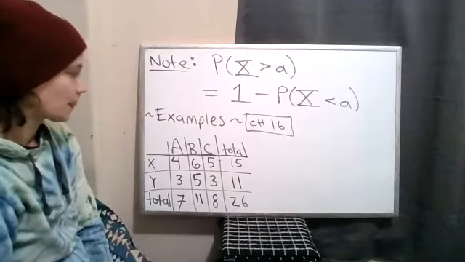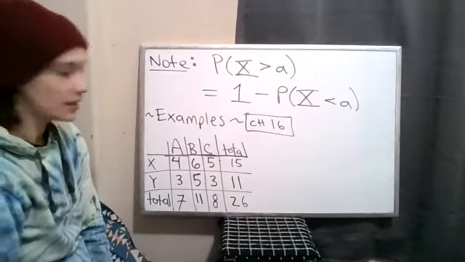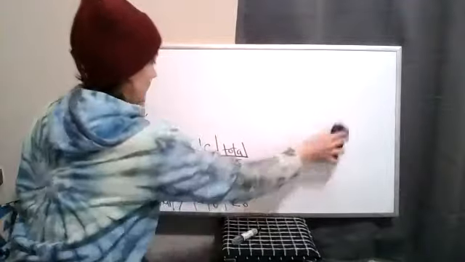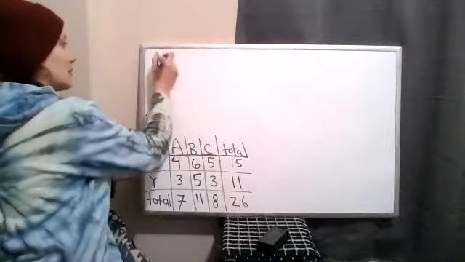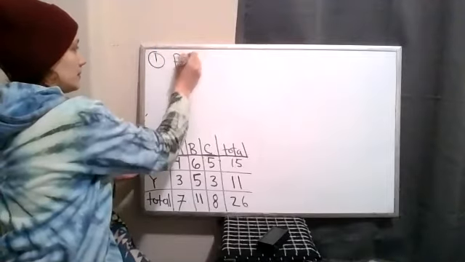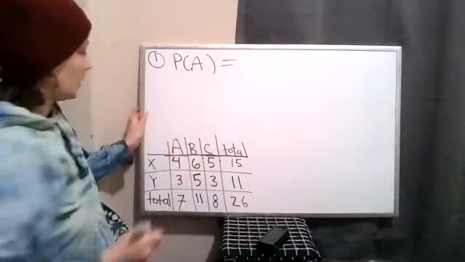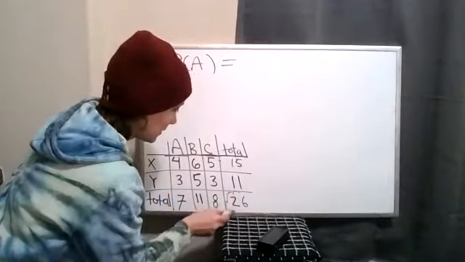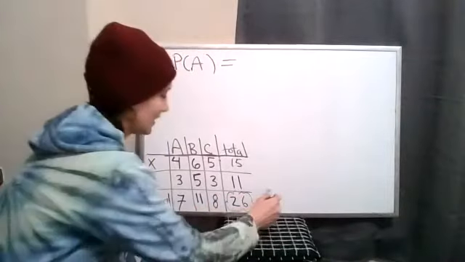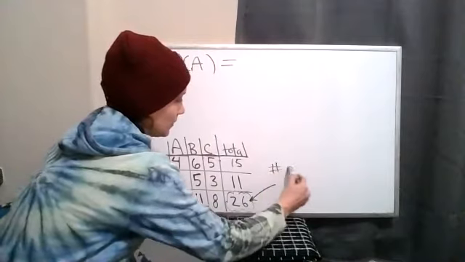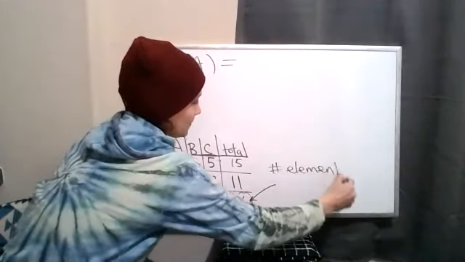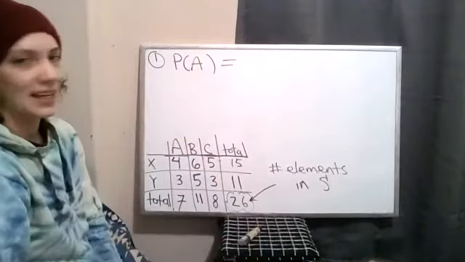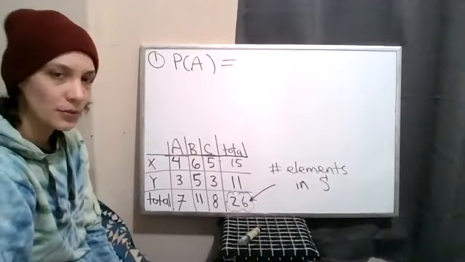All right. Let's find the probability of A. So the number of elements in A divided by the number of elements in S. And we're going to have 7 out of 26.